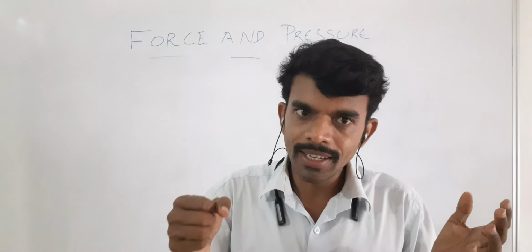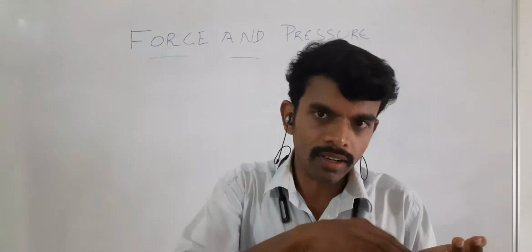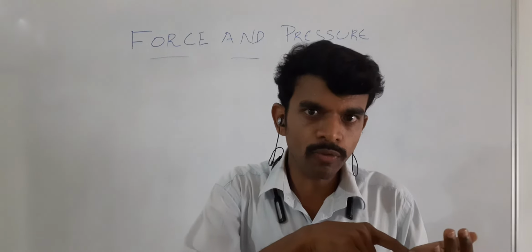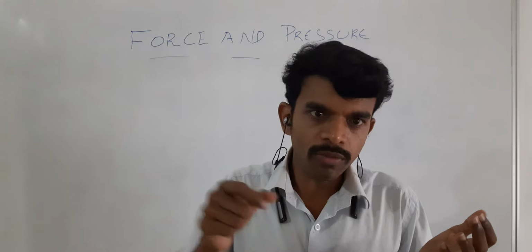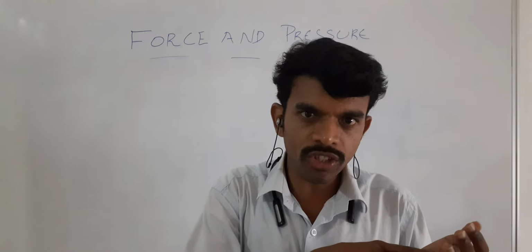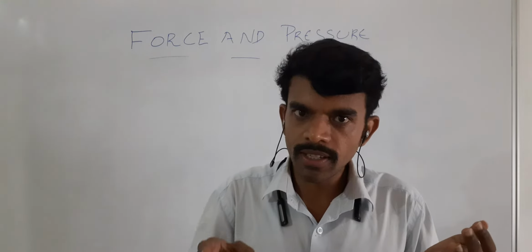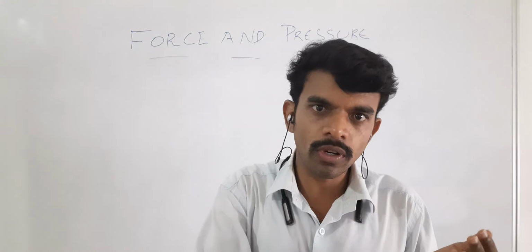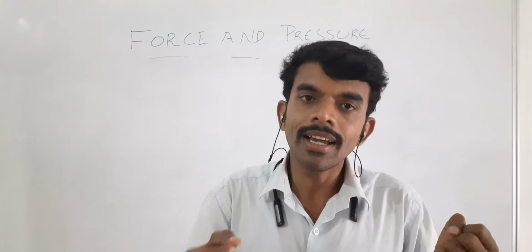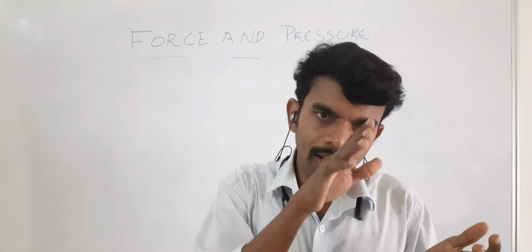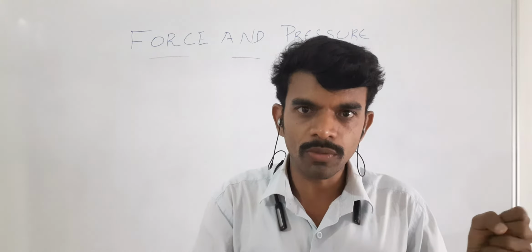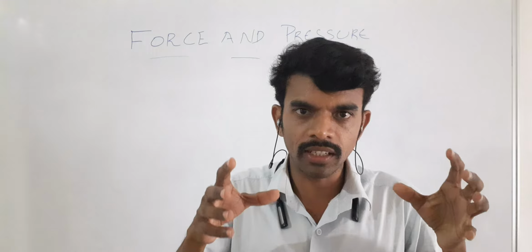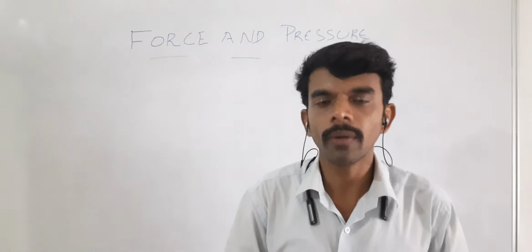In the first case, the scale attracts the pieces of paper. The scale is a charged body, whereas the pieces of paper are an uncharged body. So in the first case, a charged body exerts force on an uncharged body. In the second case, a charged body exerts force on another charged body, for which we have taken balloons.